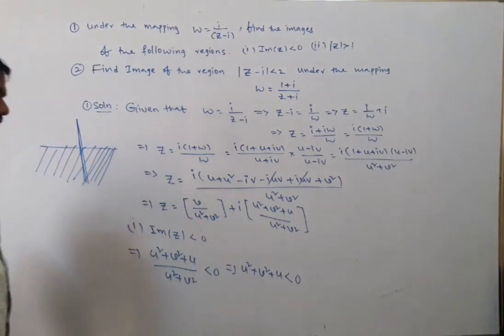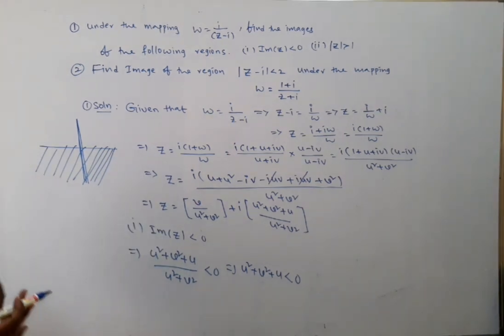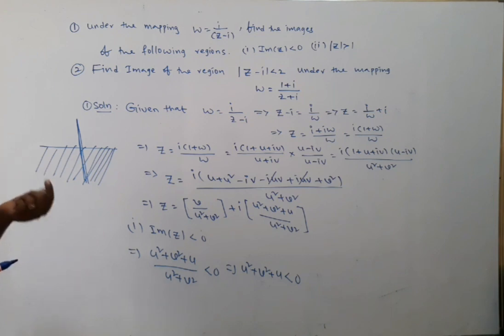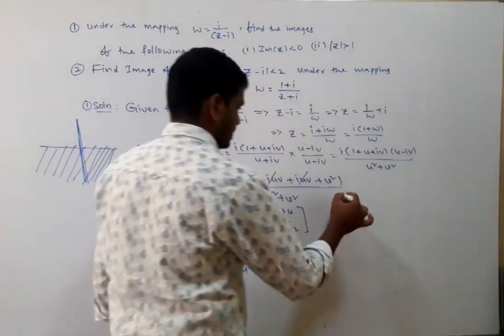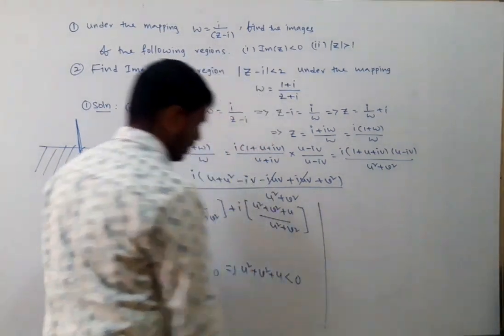By cross multiplication, we get a rough idea that the image will be a circle. If it is a circle, try to identify the radius as well as the center.